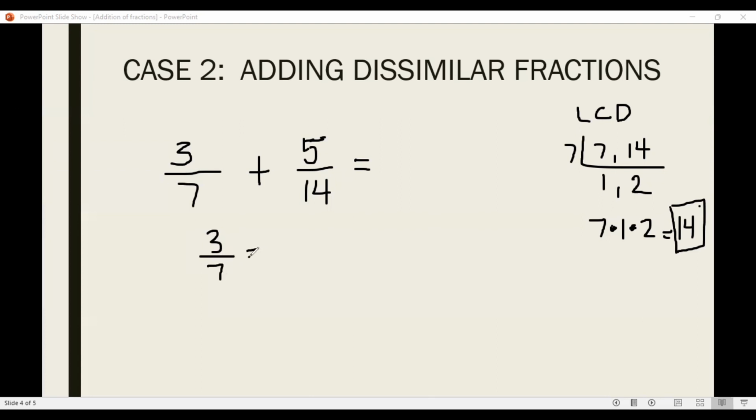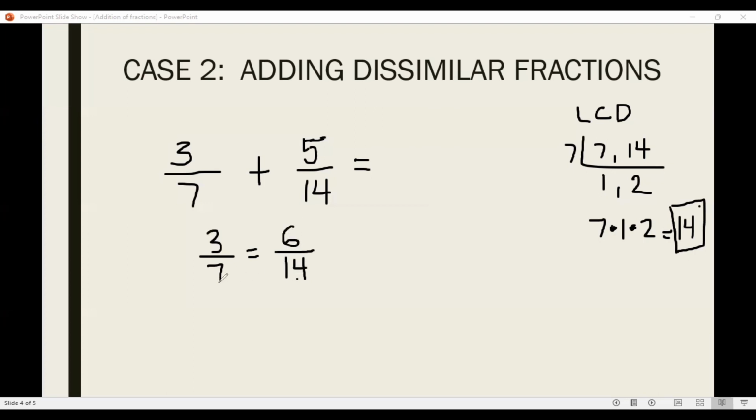So in this case, 3/7 will be equated to a certain number which has a denominator of 14. So how do we do it? It is simple cross multiplication. So we can have 3 times 14, which is 42, divided by 7, and the answer that we will be getting there is 6.